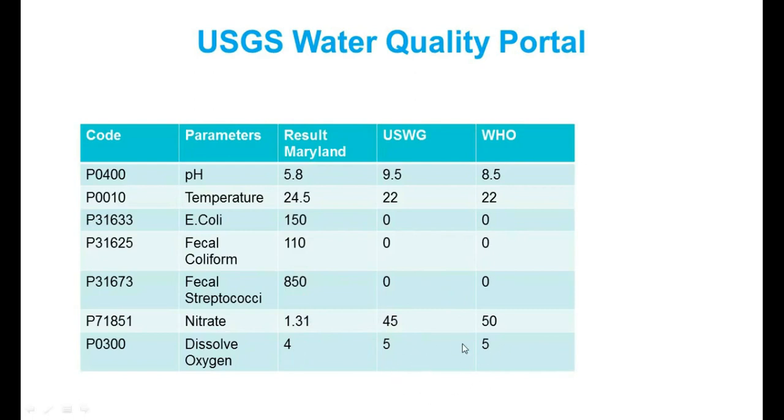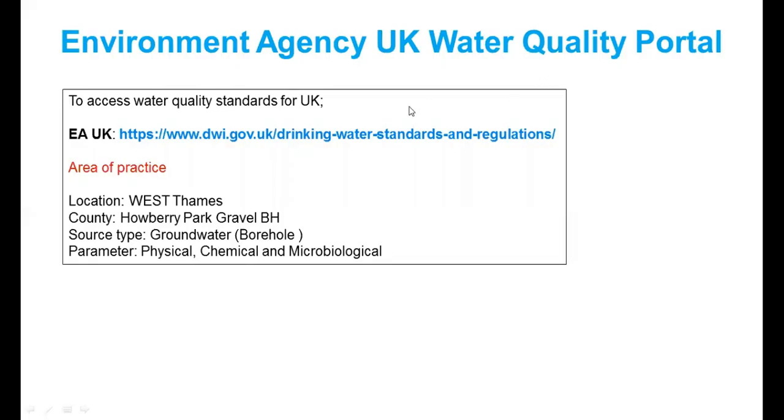Now, this 5, actually, there's also no guideline for dissolved oxygen in both the US and generally in the WHO water guideline book which we have. So for the UK, to be able to get the water quality standards, you can use this link. This is the website to access the UK drinking water standards and regulations.